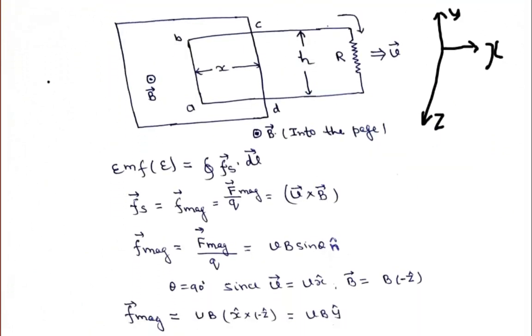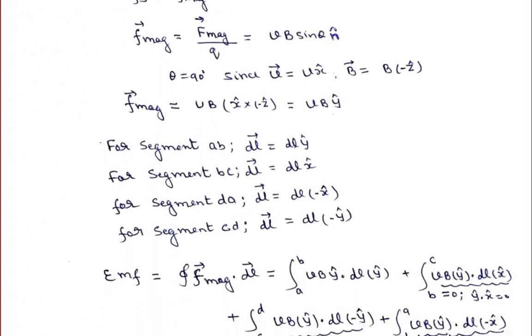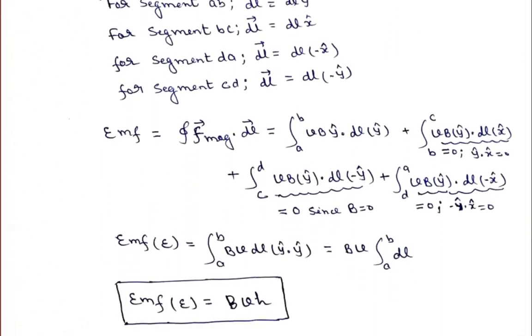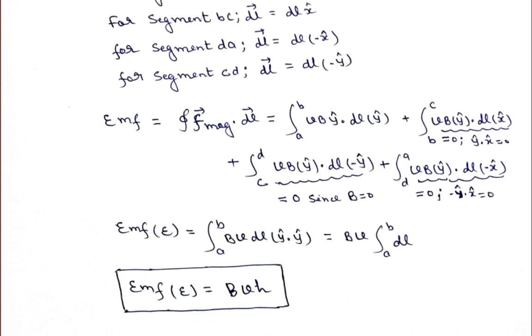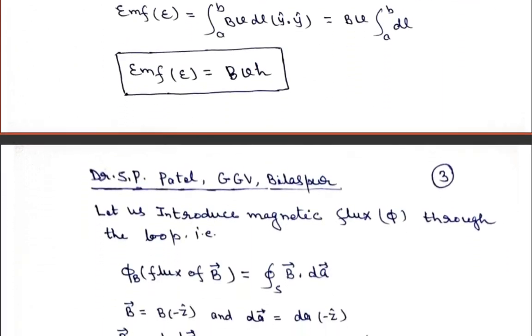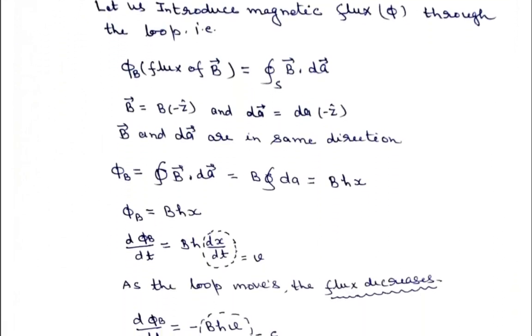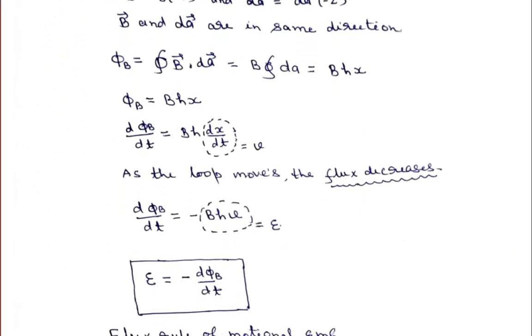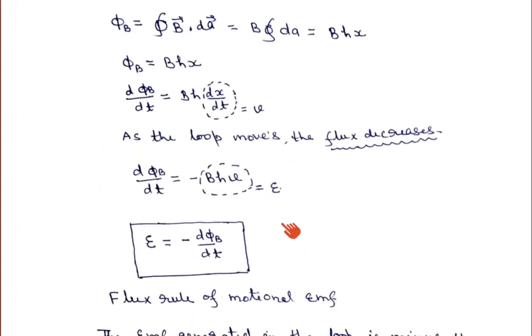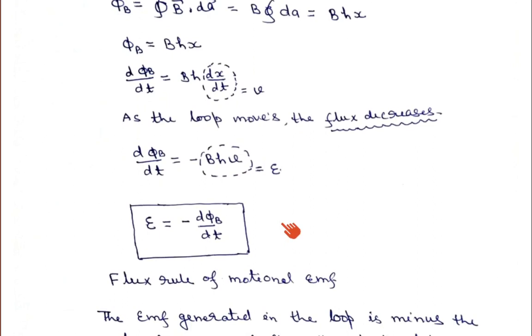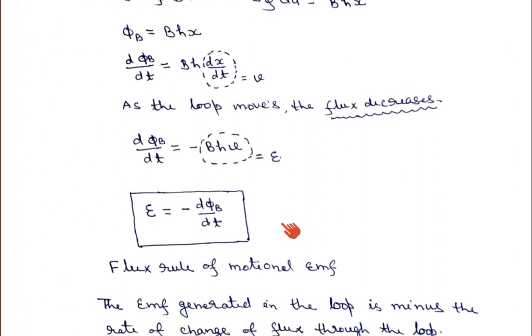What we have calculated is EMF equal to B h into V. So d phi b upon dt is equal to minus the EMF in the circuit, that is, EMF can be written as minus d phi upon dt.